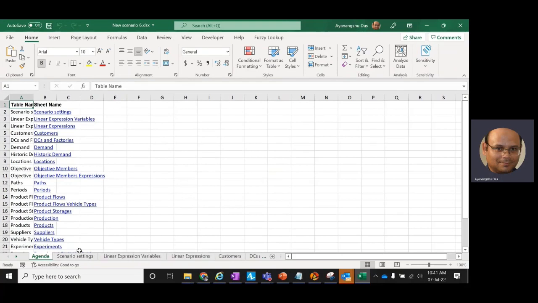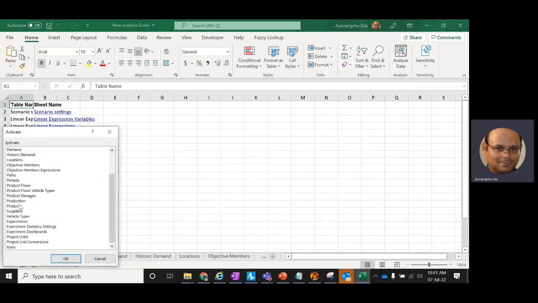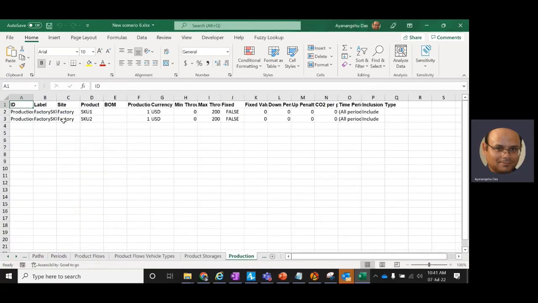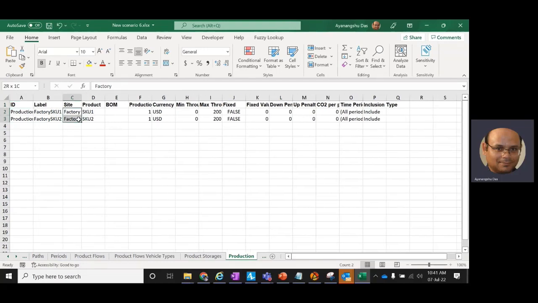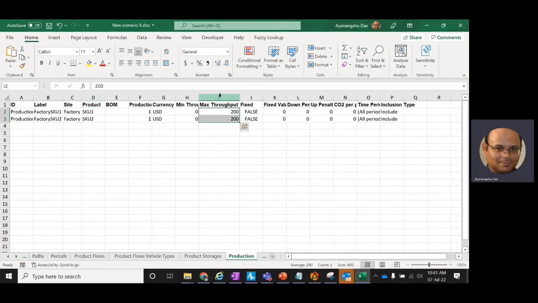In addition to whatever we discussed earlier, we can see what the production table looks like. In the production table we have the site where the production is happening, the products, the maximum throughput as we have defined, and then the label that we have given for each of these production lines. This label is important because we want to put a custom constraint on the total amount to be manufactured.